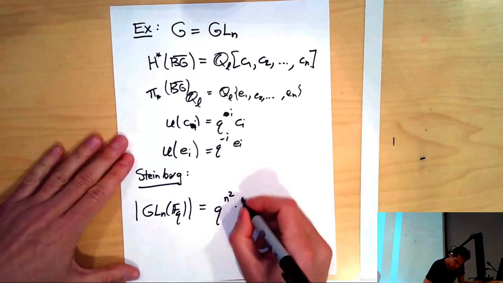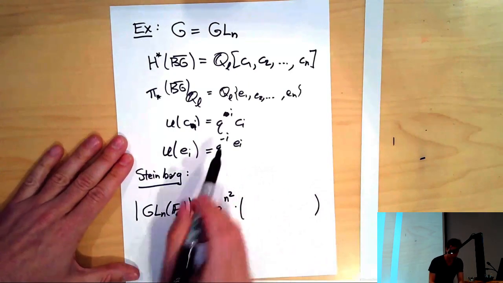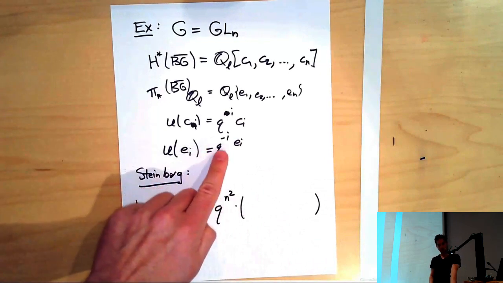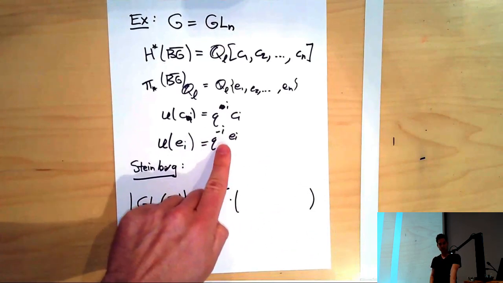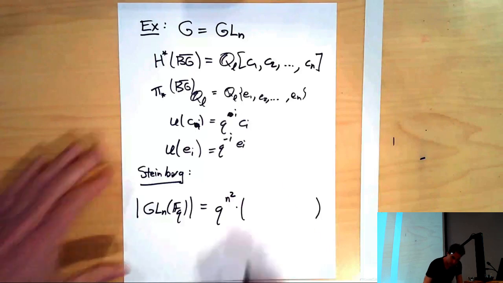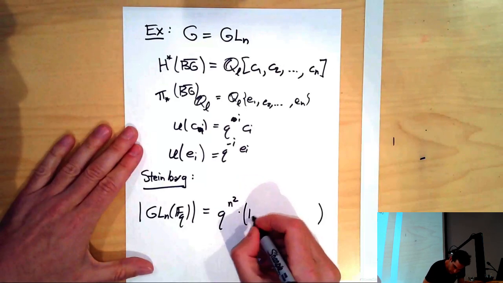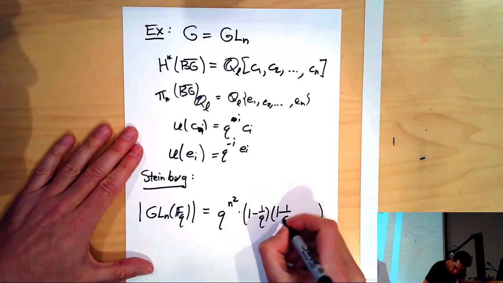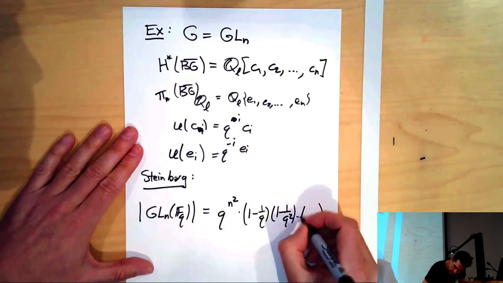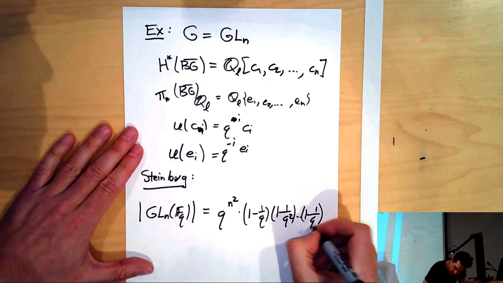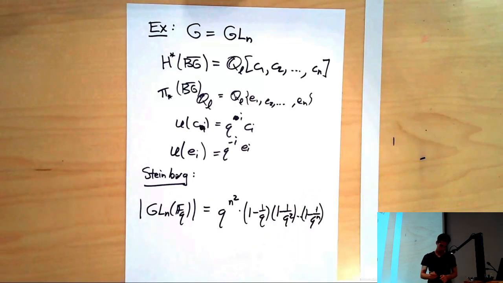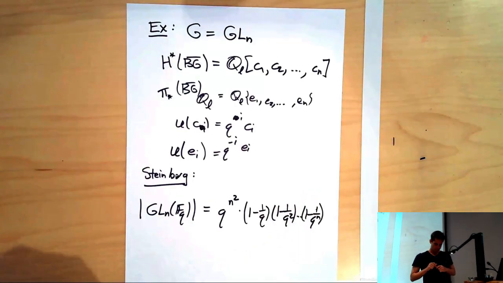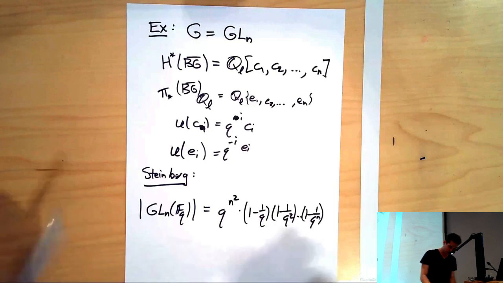And that's just a product of n factors where I have 1 minus the eigenvalue that Frobenius acts by on each graded piece. So we have 1 minus 1 over q, times 1 minus 1 over q squared, times dot, dot, dot, 1 minus 1 over q to the n. And I will leave it to you to check that that formula is correct.